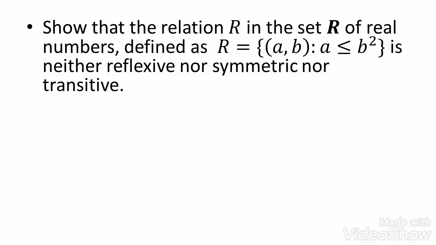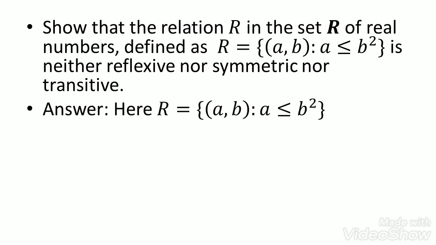This time we are considering the set of real numbers, not the set of integers only, so a, b and all these are real numbers. Here the solution will be like this: R is equal to {(a, b) such that a is less than or equal to b squared}, meaning the first element is less than or equal to the square of the second element, where a, b are real numbers.